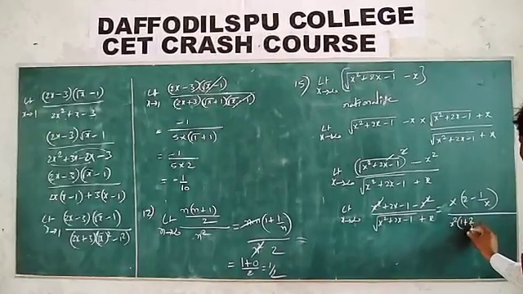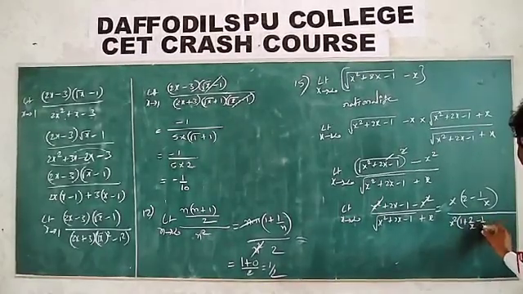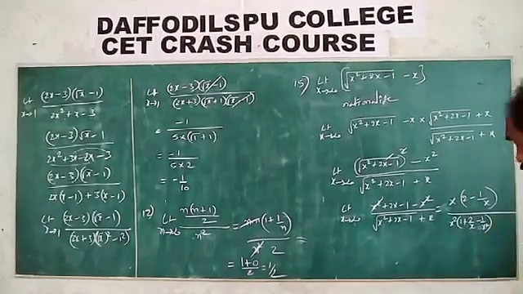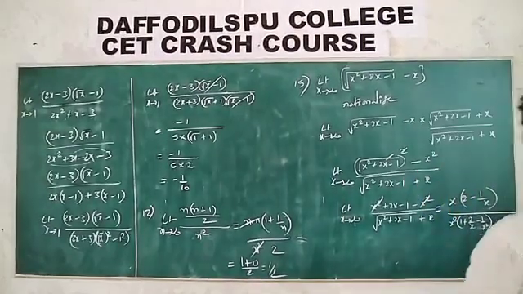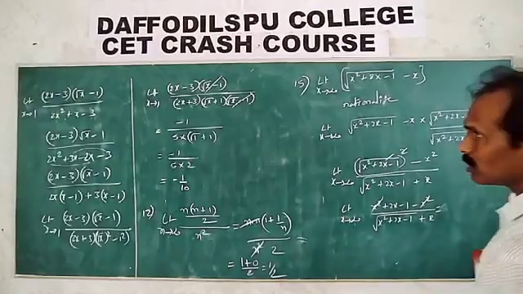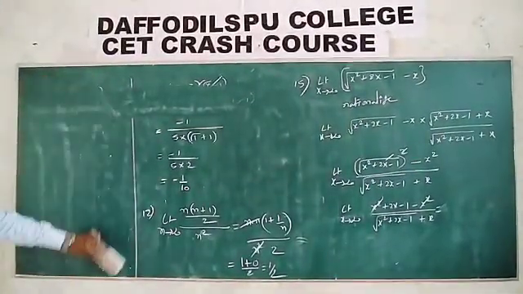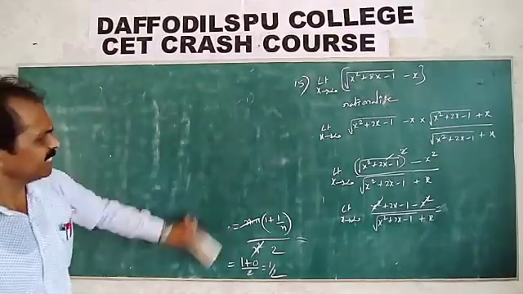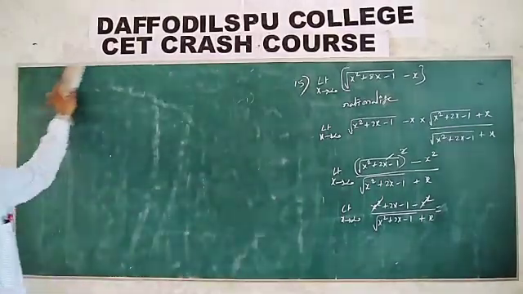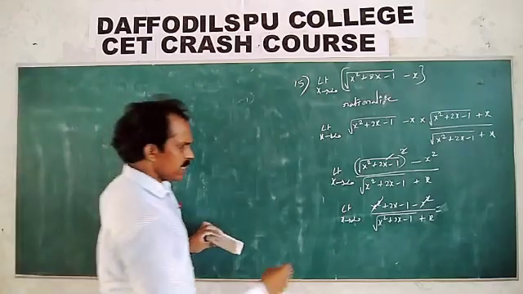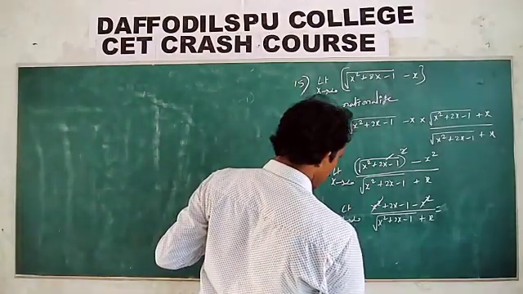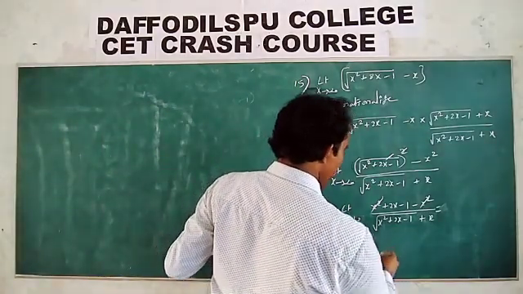1 plus 2 by x minus 1 by x square. Understand? From this, your root is there. Write it clearly. Next step. See here. Limit x tends to infinity.